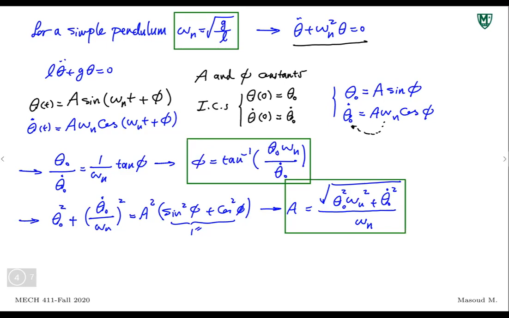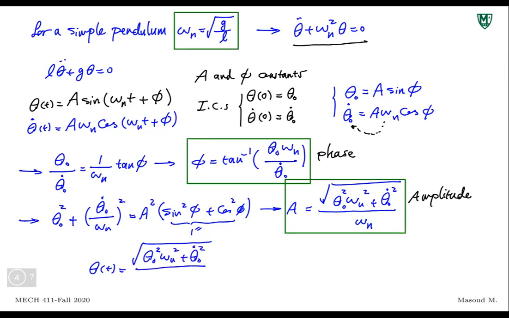So now you see why, let me just mention one more thing before. So here, phi, we call it phase, and a, we call it amplitude. So if I put this back to the general form of the equation, theta t would be A, which is square root of theta naught squared omega n squared plus theta naught dot squared over omega n, right, sine omega n t plus, what is phi?